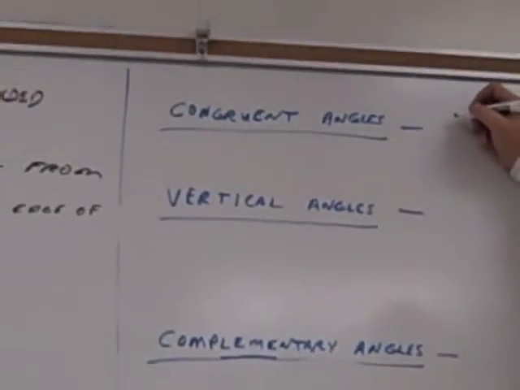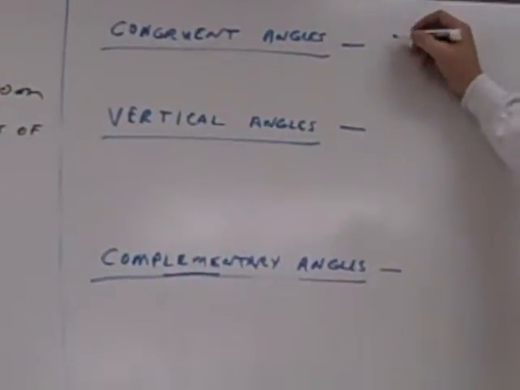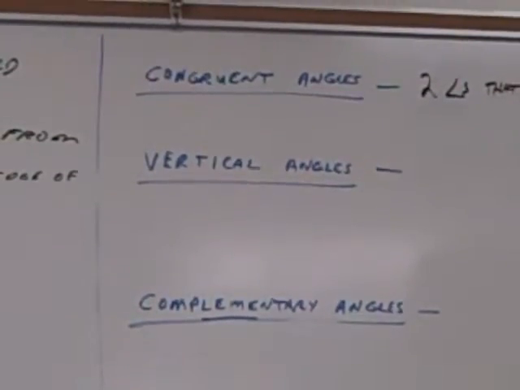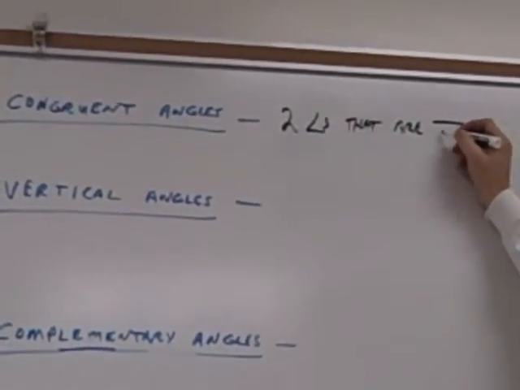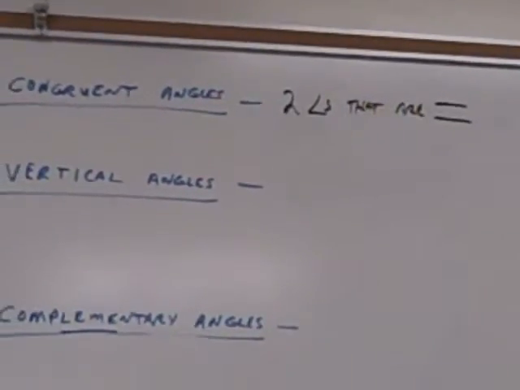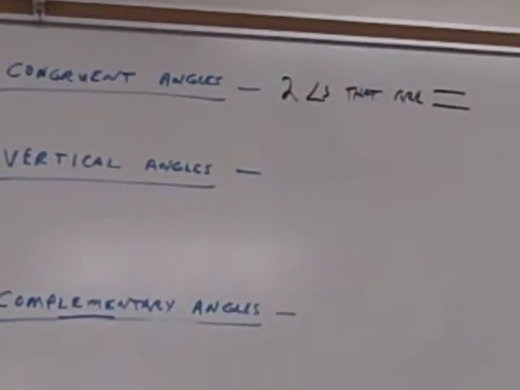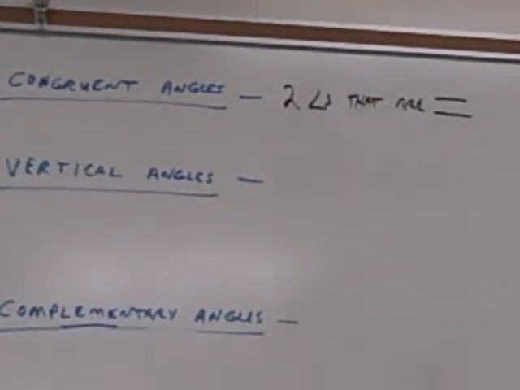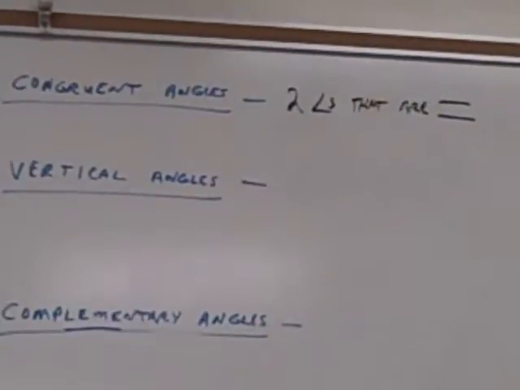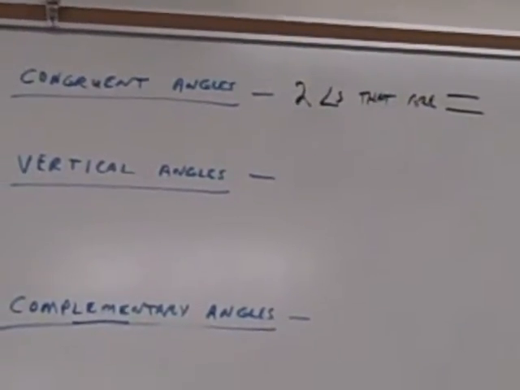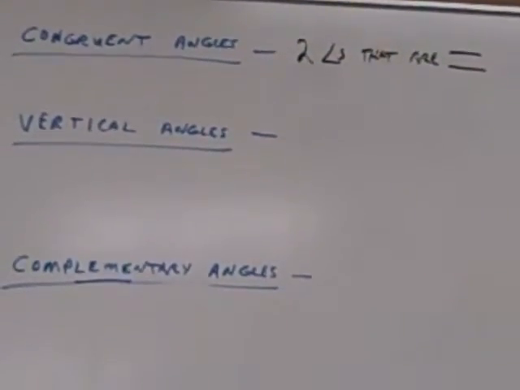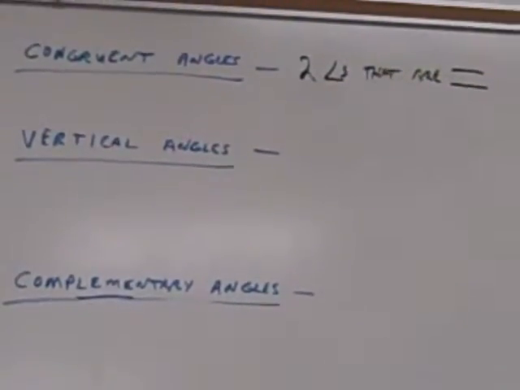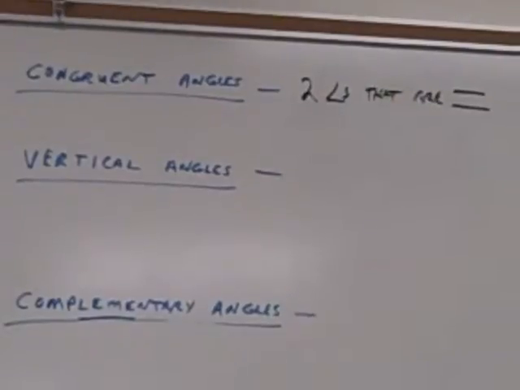Congruent angles. Definition of a congruent angle: two angles that are congruent, a fancy word for equal. We use the word congruent in geometry instead of the word equal. You will find that when you get to high school geometry. Technically, they're synonyms.